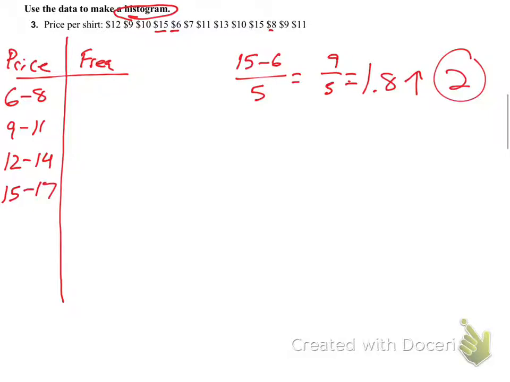And then I'm going to do the same thing I did before, is I'm going to mark or tally each one of these off and put them in their respective intervals.